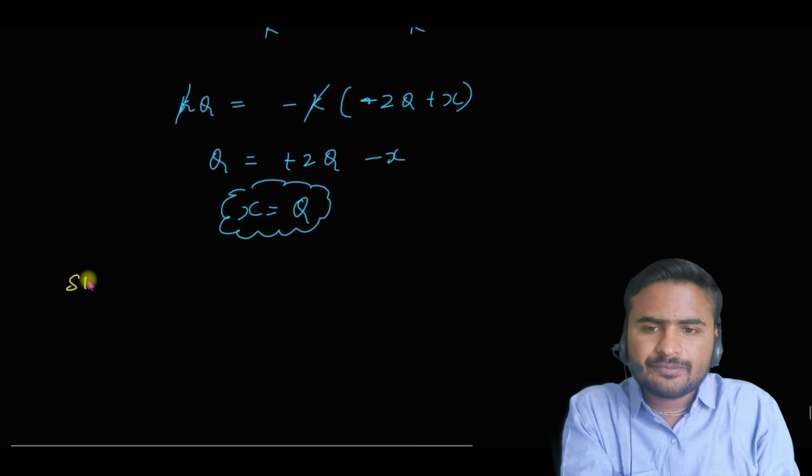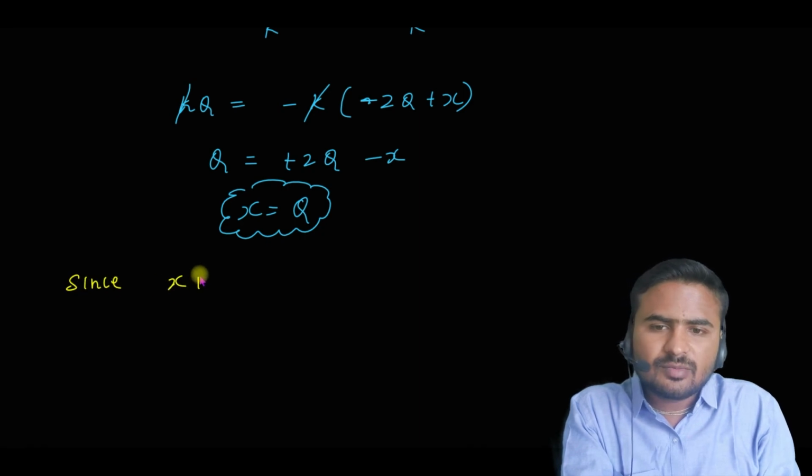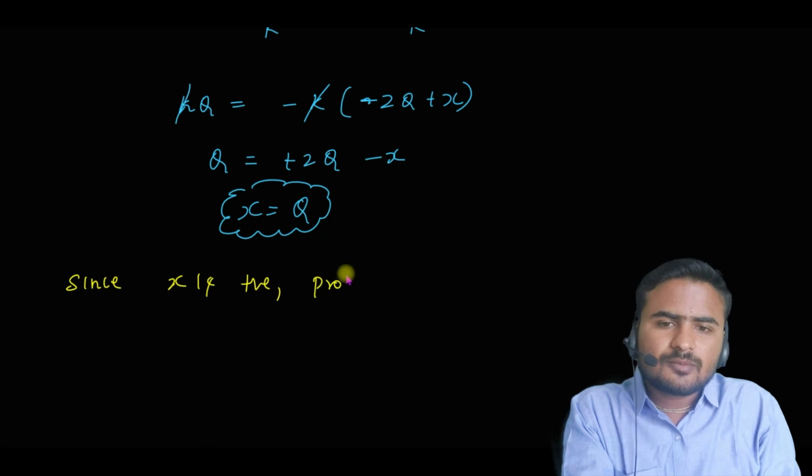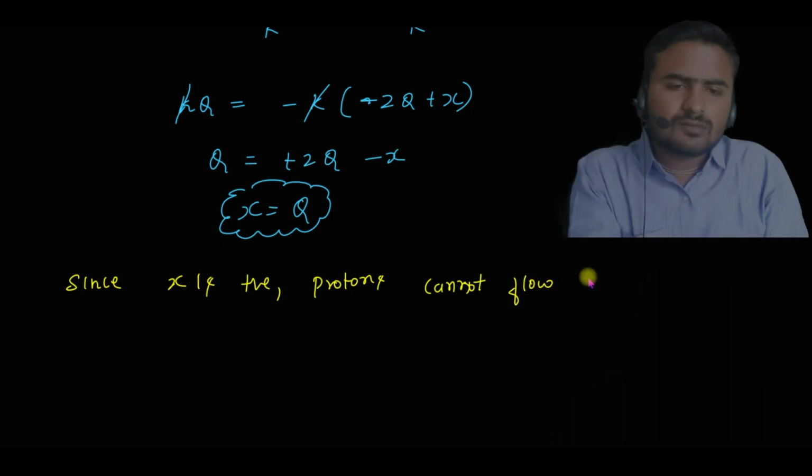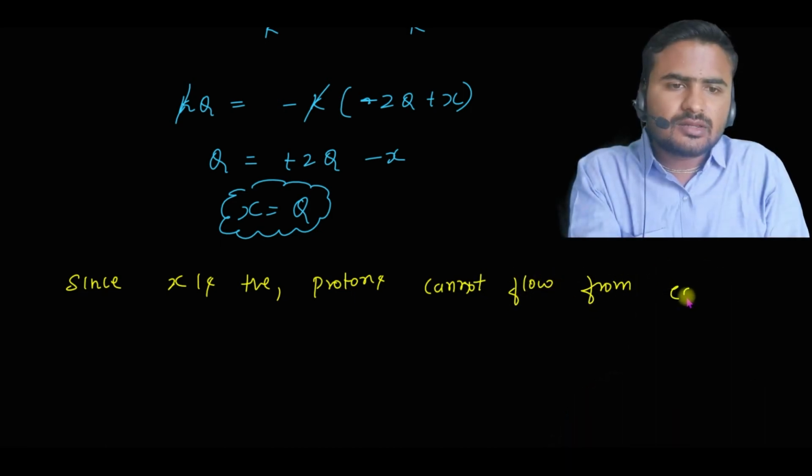So since x is positive, protons cannot flow from earth to sphere.